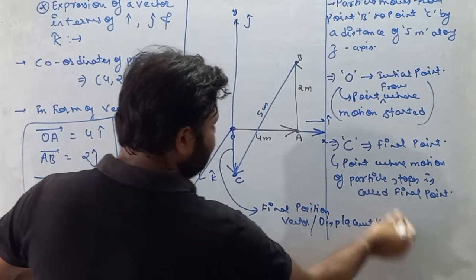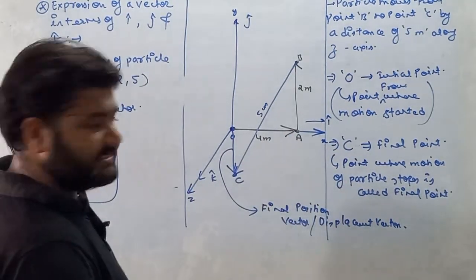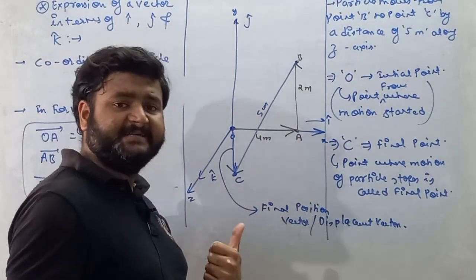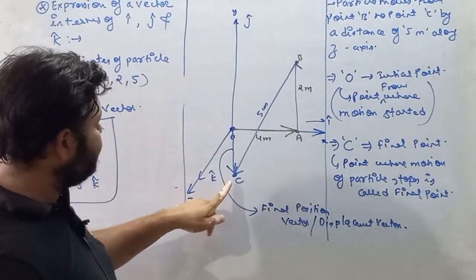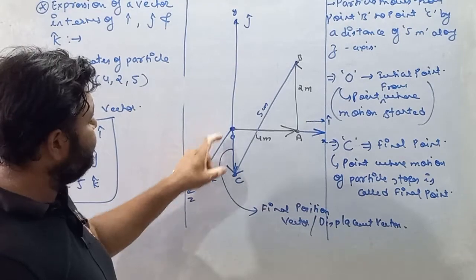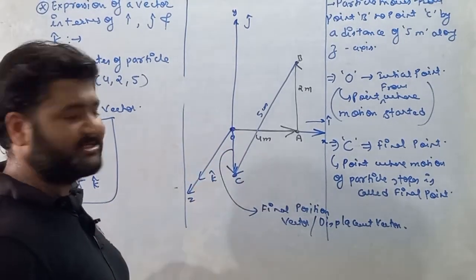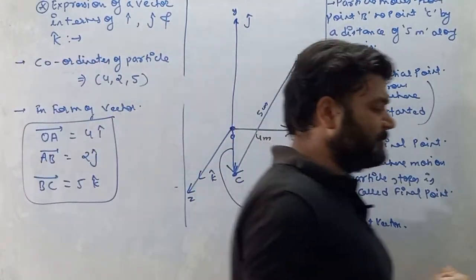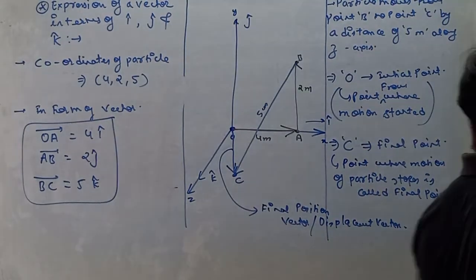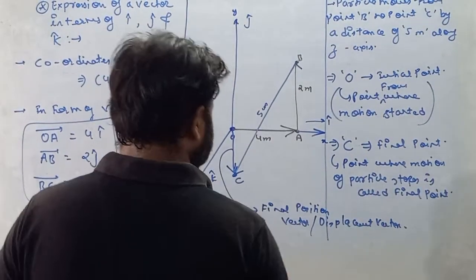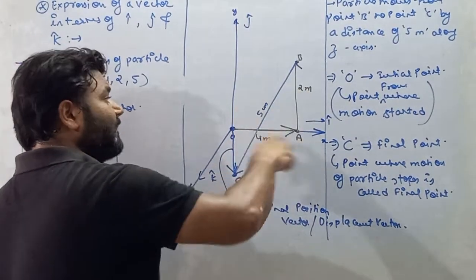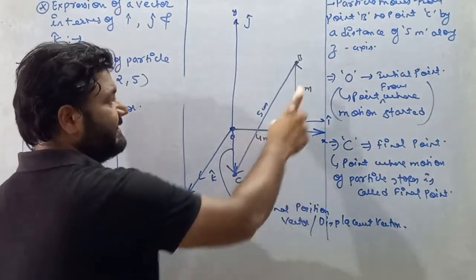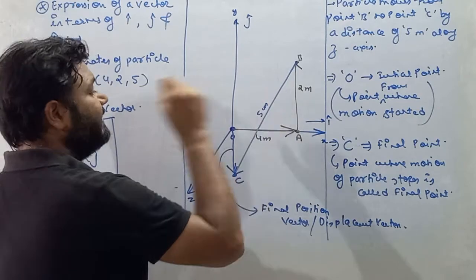So what is the meaning of final position vector, or displacement vector? It is the straight line joining initial point and final point having magnitude as well as direction. And this final position vector is basically the sum of all the vectors, that is OA vector, AB vector and BC vector.